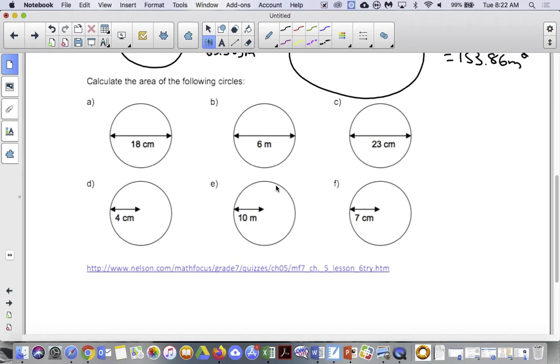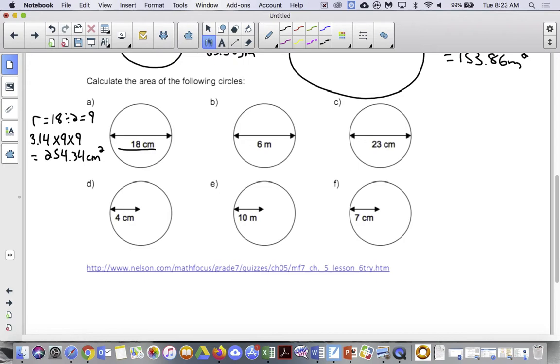Right away, this is a diameter, so we need the radius. So the radius is 18 divided by 2, and I get 9. So if I got the area, it would be 3.14 times 9 times 9. And I put that on my calculator, and I get 254.34 centimeters squared.